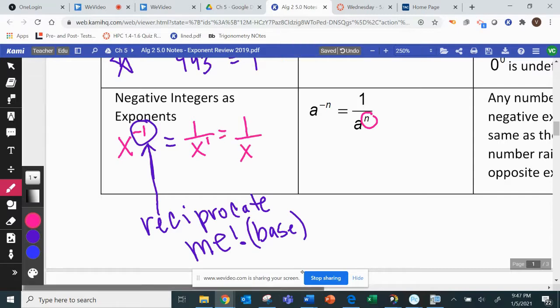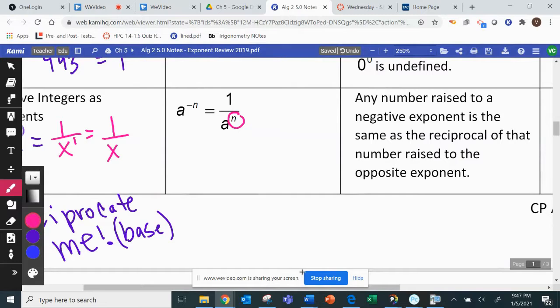Let me make up another example of that really fast. Let's say I have something like 3 to the negative 2 over y to the fourth power. 3 to the negative 2 tells me that I am reciprocating the base of 3.